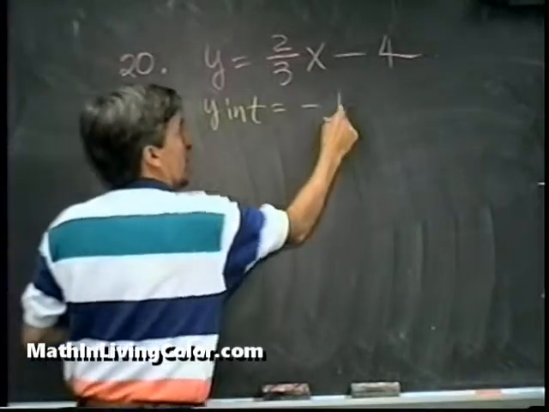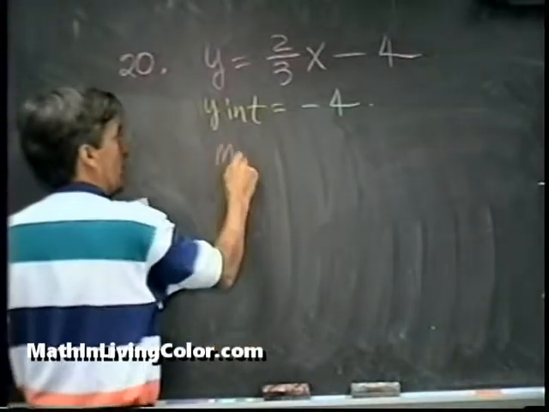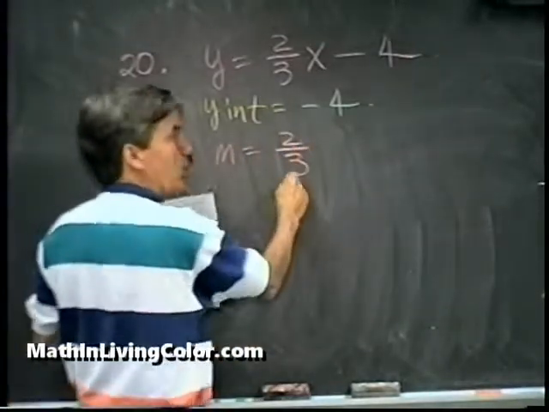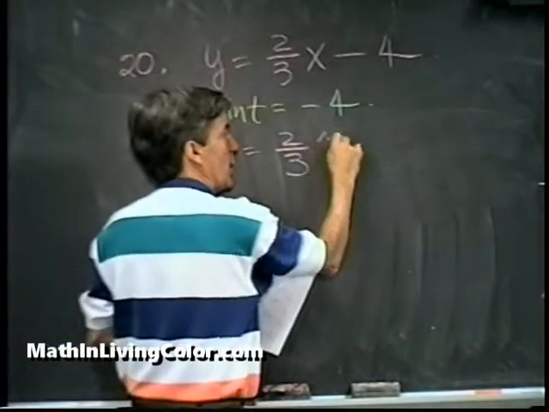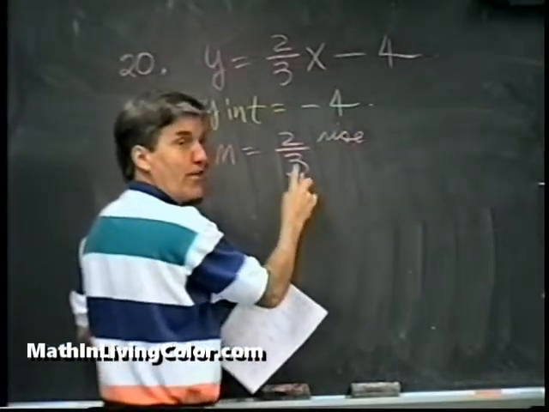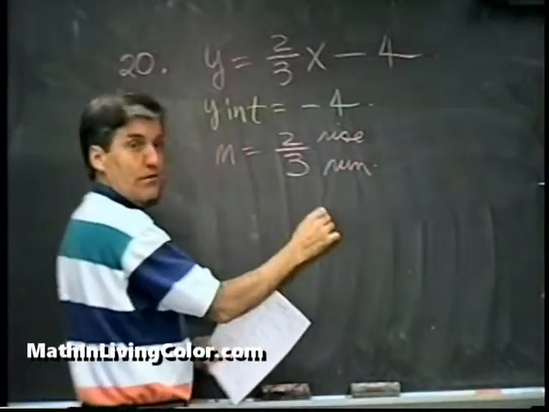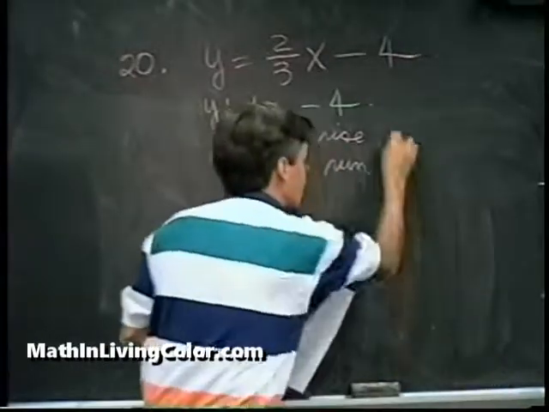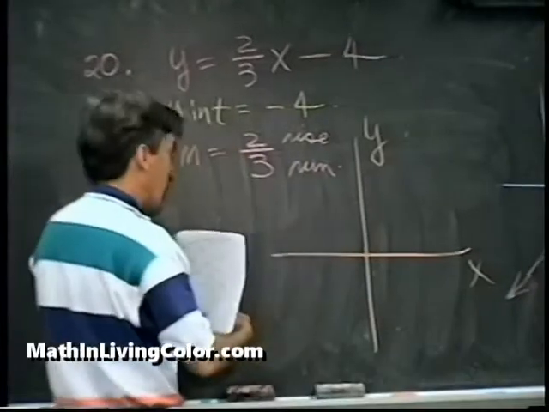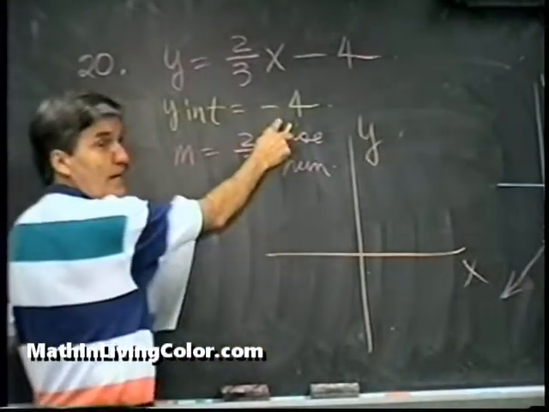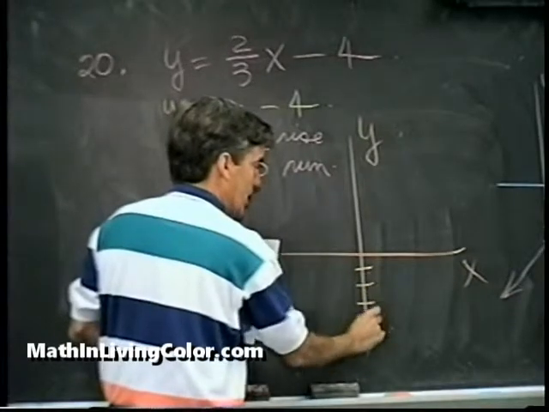Negative 4. And what is the slope? 2/3. And what does 2/3 mean? What does 2 mean? Rise 2. And 3 means run 3. Okay? So when I draw this, then I start with the y-intercept, which is 0, negative 4, and I go down 4 units. 1, 2, 3, 4. Okay?